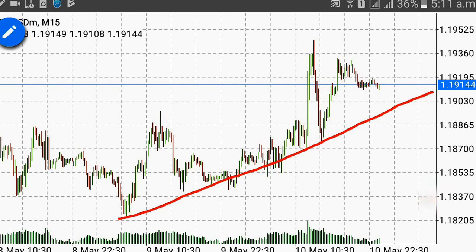Any pair trading below this trend line or this angle, I consider it a sell. And this is a very effective method. Keep this in mind. Now I will give you an example of the three selling angles.